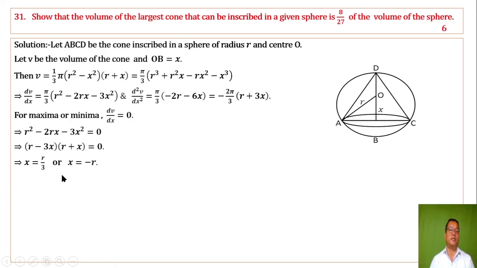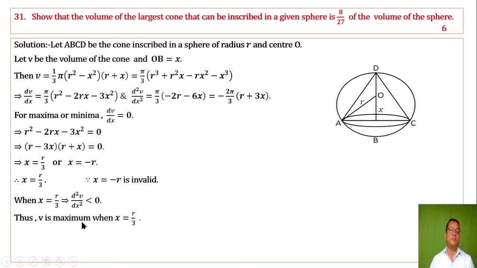So factorize and solve: x equals r by 3 or x equals minus r. Since x equals minus r is invalid, x cannot be a negative number, therefore x equals r by 3. When x equals r by 3, the second order derivative is a negative value. Thus, V is maximum when x equals r by 3.